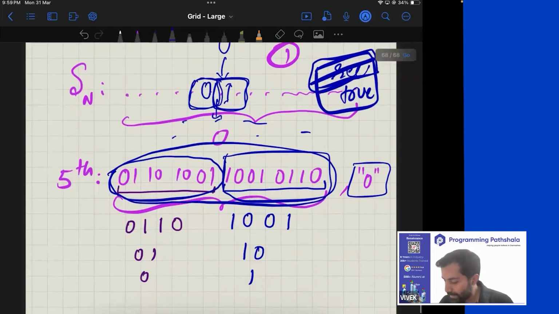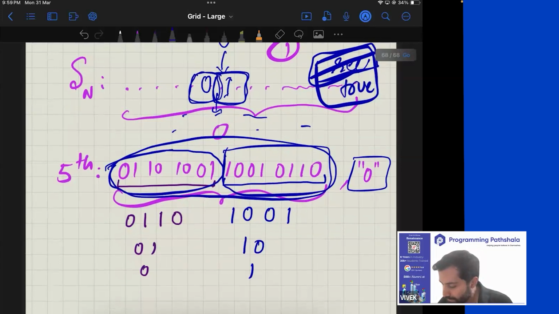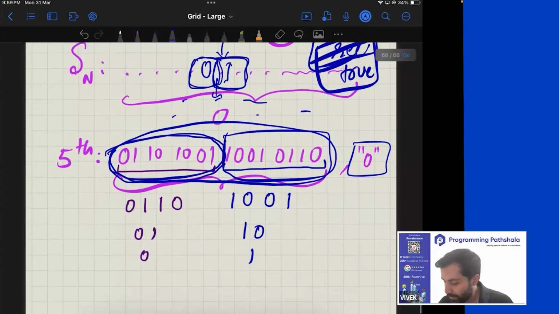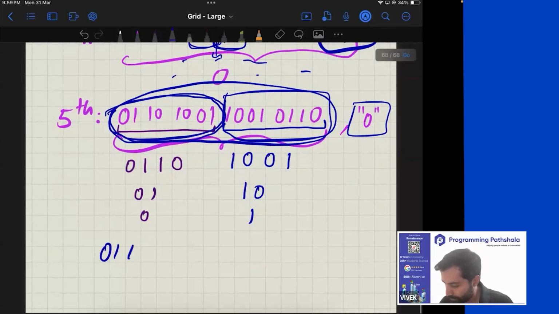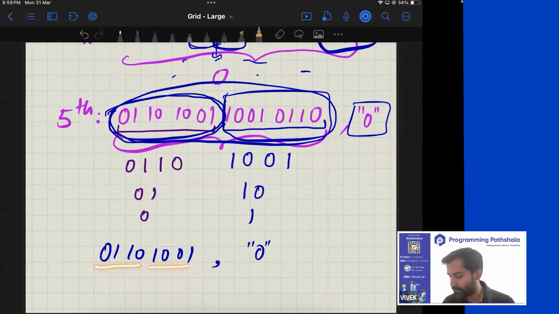So if I pick this thing out from here and write it like 0, 1, 1, 0, 1, 0, 0, 1, what is this representing? This is representing a 0. So the left half of it would be representing 0 and the right half of it will be representing 1. And you can try that out. This will decompose to 0 and this will decompose to 1.